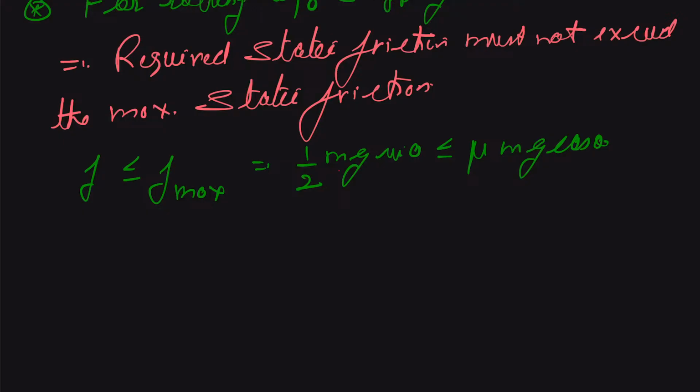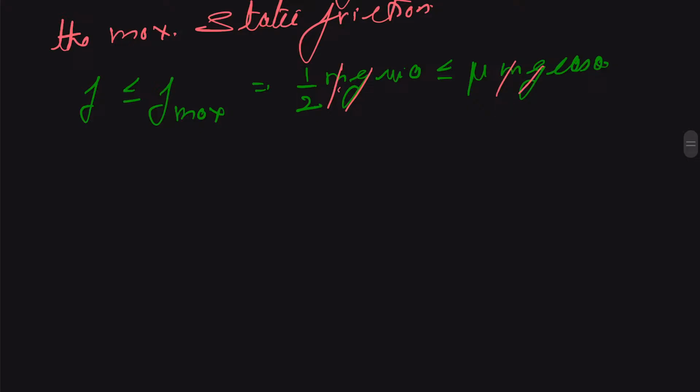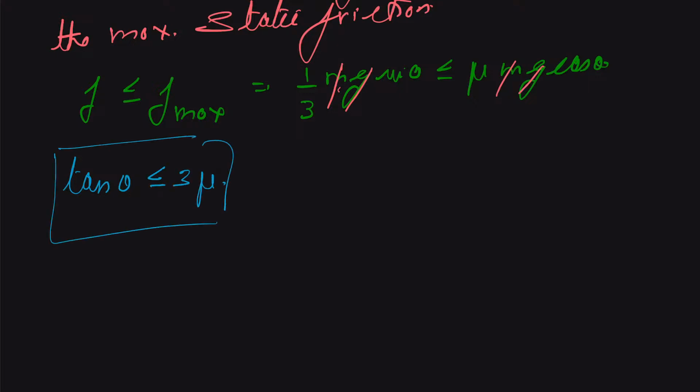And here mg cancels out, so sorry, here it is 3, and therefore we get tangent of theta should be less than or equal to 3 times mu. So this was our solution, which asked for the value of theta. Next question.